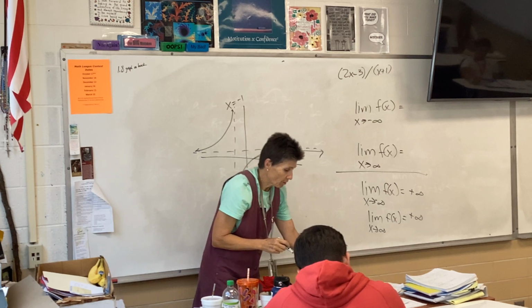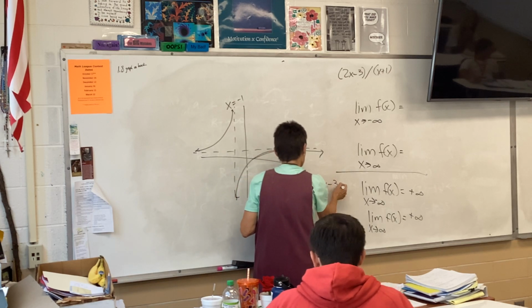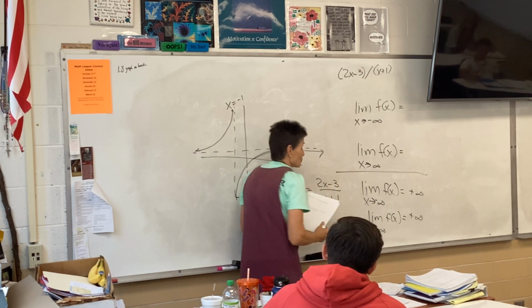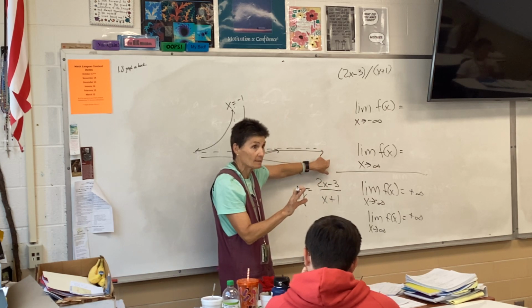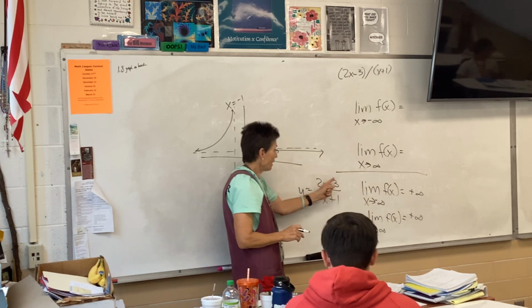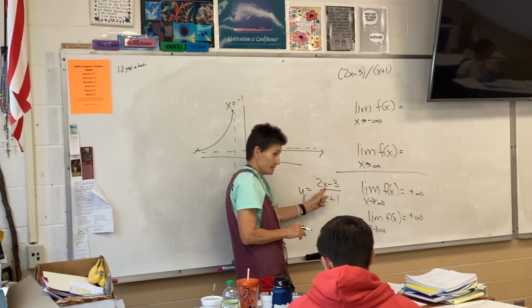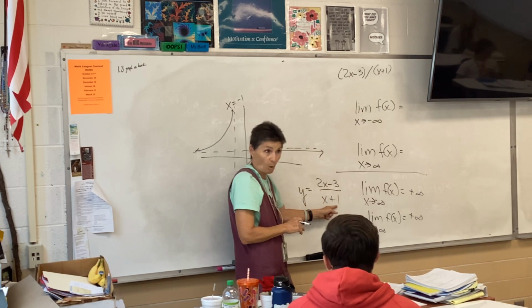Look at your fraction and think about what happens as x gets really, really big. That's what's happening out here. x is getting really big, like a billion. This becomes 2 billion minus 3, and this becomes a billion plus 1.